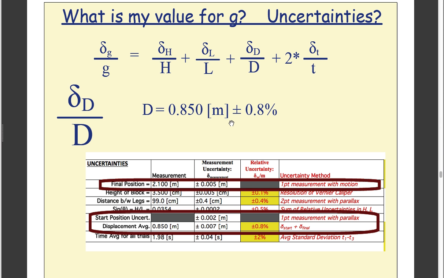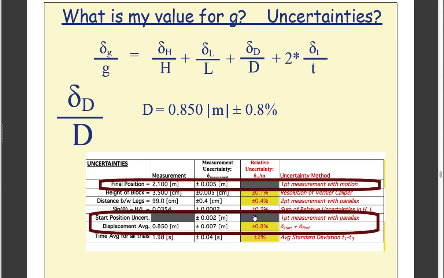And I'm going to record all these values in my data table. There's quite a bit here. The final position, I was calling that finish, with the uncertainty, and it was a 1-point measurement with parallax and motion. And here we have start position uncertainty, and that was a 1-point measurement with parallax.